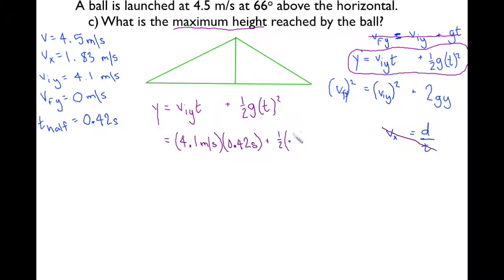My gravity is going to be negative 9.8, and this is because we're going up. And so gravity is acting in the opposite direction.